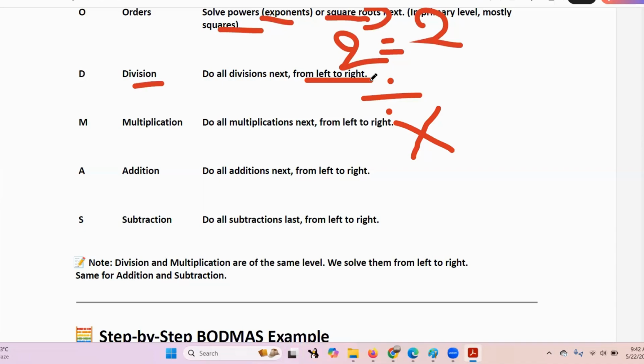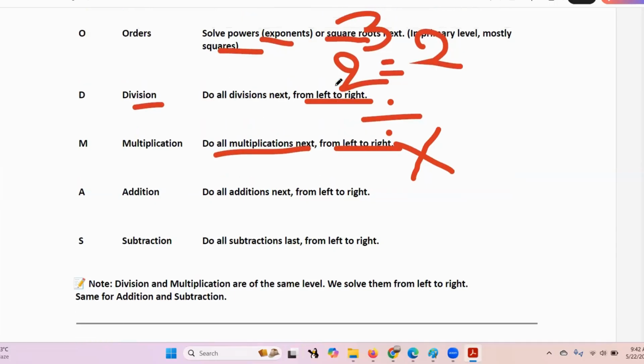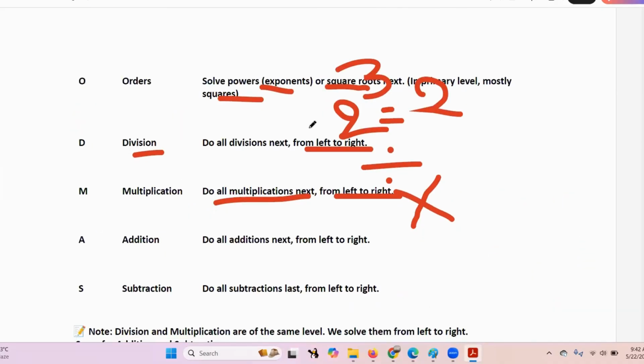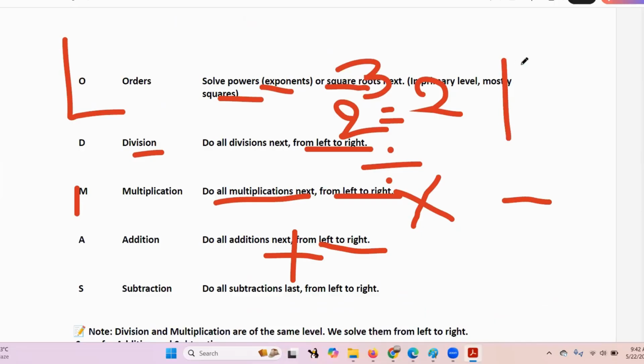Always consider not only the multiplication sign, also consider from left to right. Then again power also you should consider. And in the bracket, always consider the inner part first, and then the outer part. Next we come to addition. This is the sign of addition, and also consider from left to right: this is the left side and this is the right side.